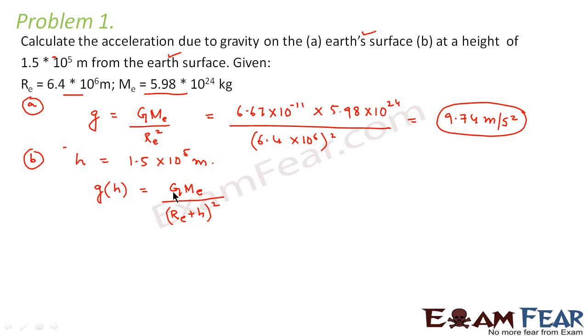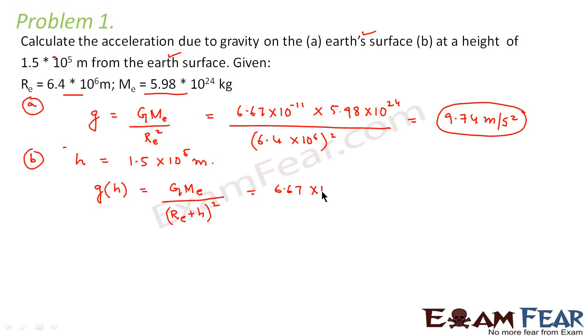This is the value of acceleration at a height h from the surface of the Earth. So instead of GM_e by R_e squared, it will be R_e plus h, because the distance of the point at which we want to calculate the value of g is R_e plus h. Now we will put the values again.